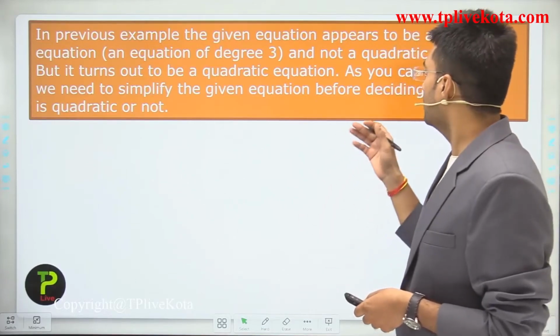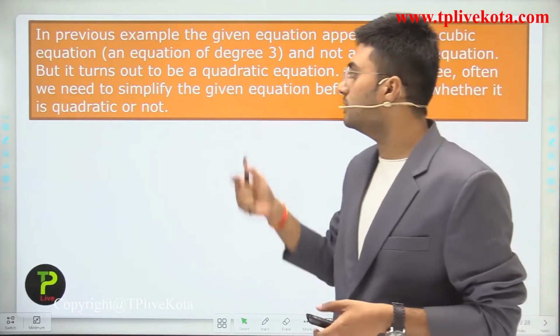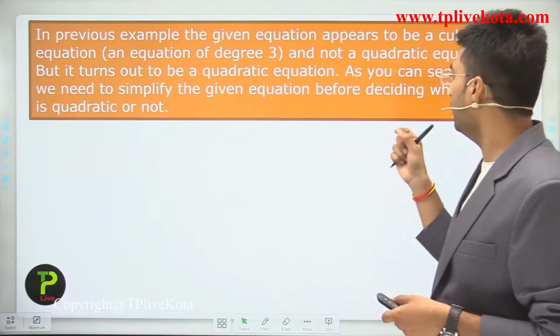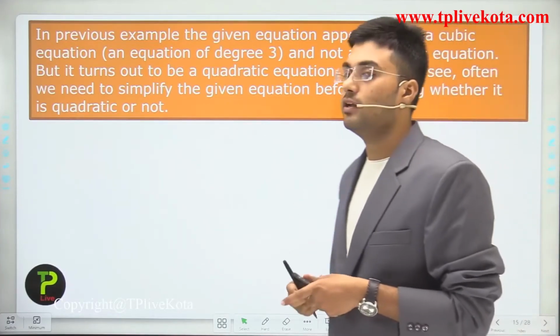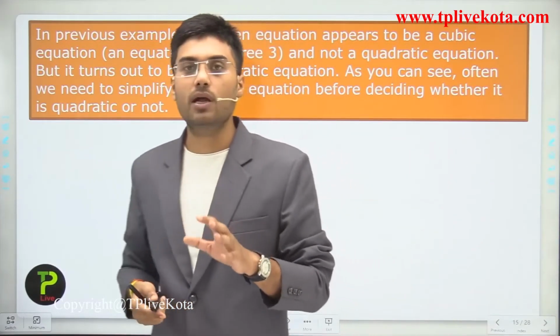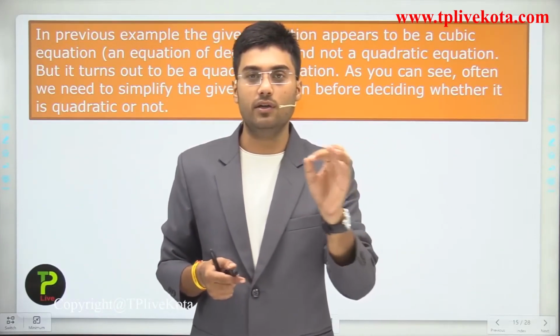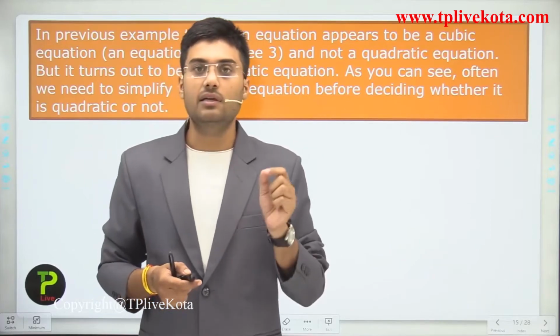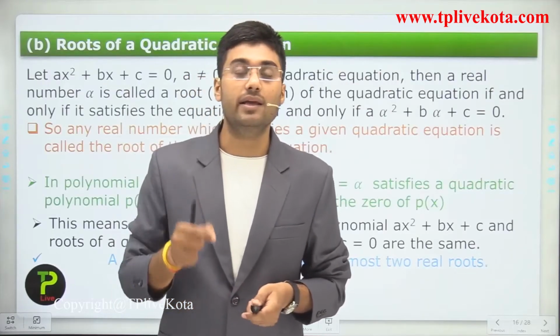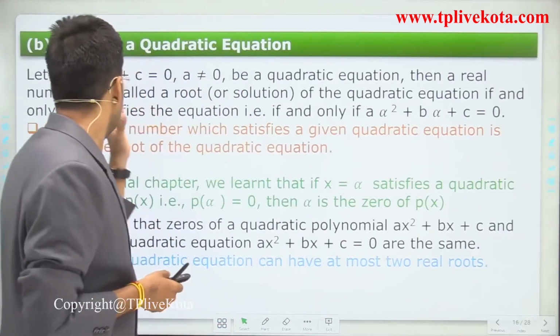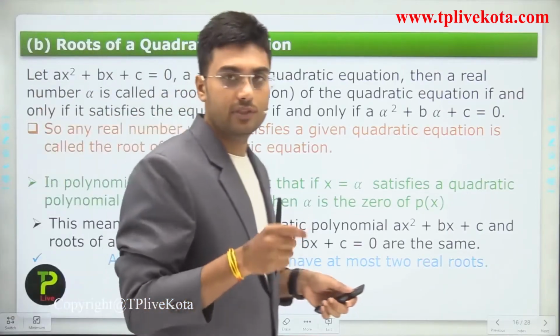Clear? So as you can see, often we need to simplify the given equation before deciding whether it is quadratic or not. So I hope now you understand how to determine whether an equation is quadratic or not. So after this, let's move to the next topic, and the next topic is roots of quadratic equation.